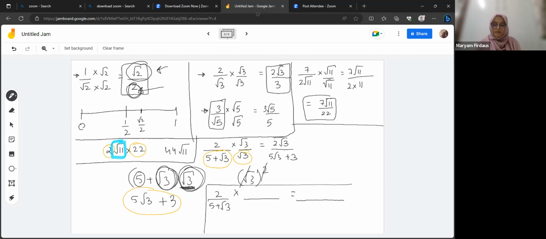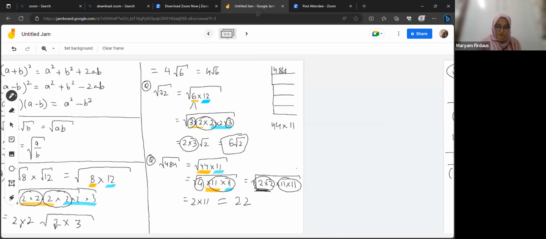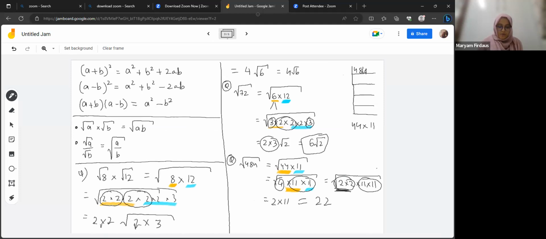Let's look at the identities. Where did our identities go? There you go. So let's say I change this. Let's say I take root A and root B everywhere. Now pay close attention. If I have root A plus root B whole square, this becomes root A whole square, so the root and the square get cancelled.